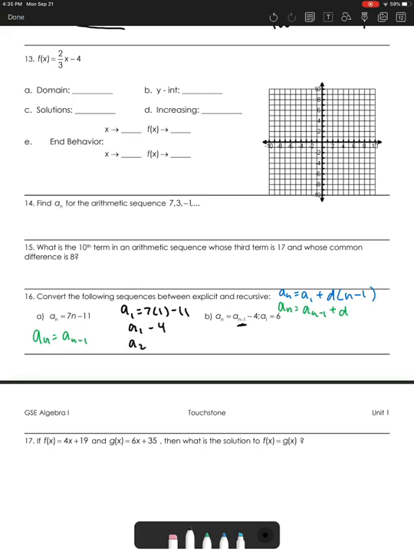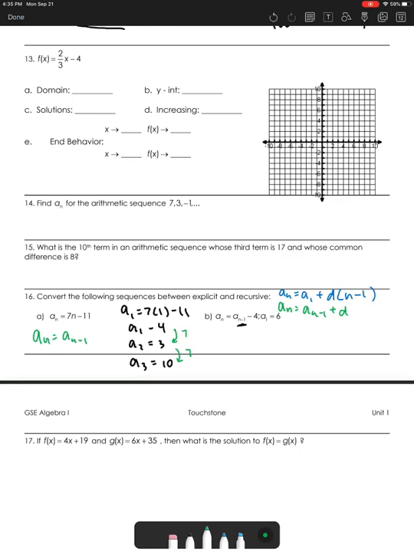If you plug in 2 for n, you get a sub 2 equals 14 minus 11, which is 3. If you do a sub 3, you're going to get 10. So you can see from here that the common difference from term to term is 7. Okay?